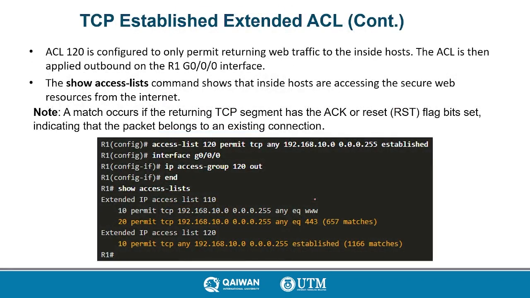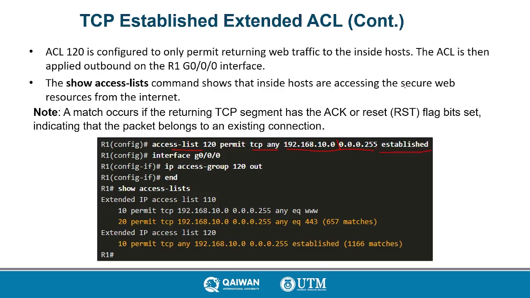The TCP established keyword. How can we use it? The ACL 120 is configured to only permit returning web traffic to the inside host. The ACL is then applied outbound on the G0/0 interface. Now we have access list 120 permit TCP any 192.168 this network, all the hosts inside this network, established.